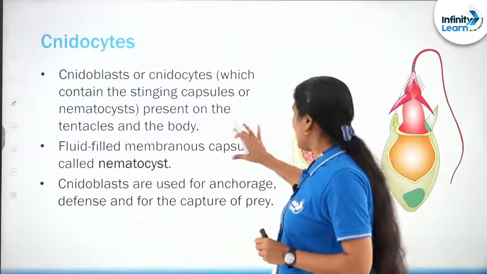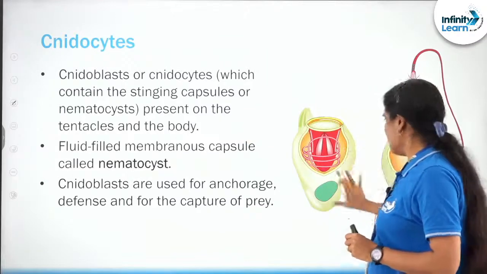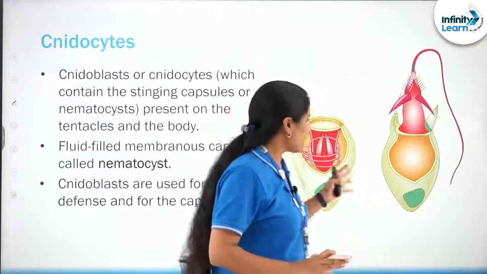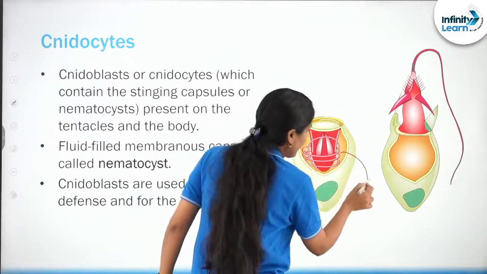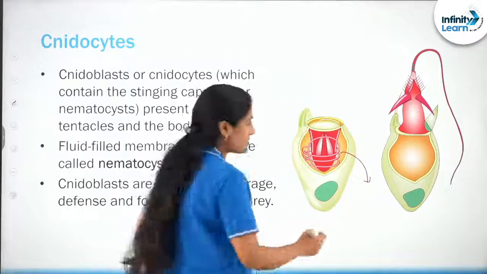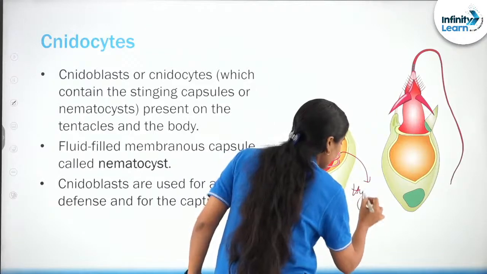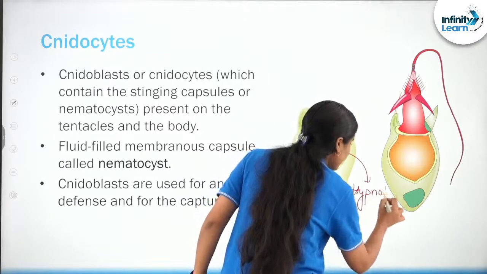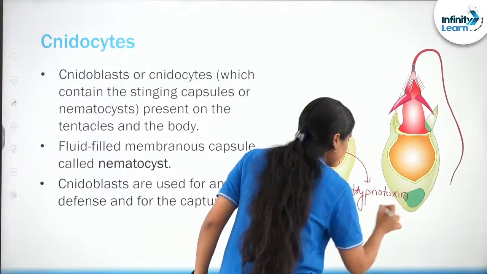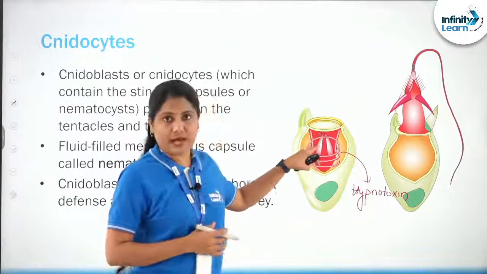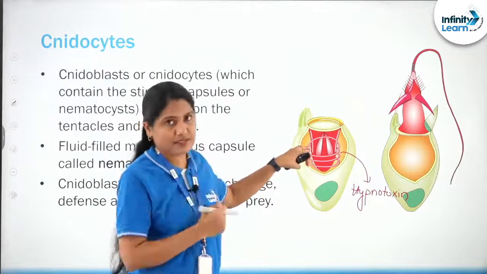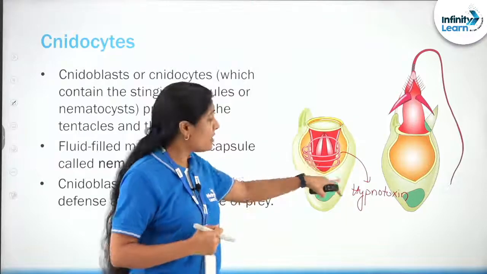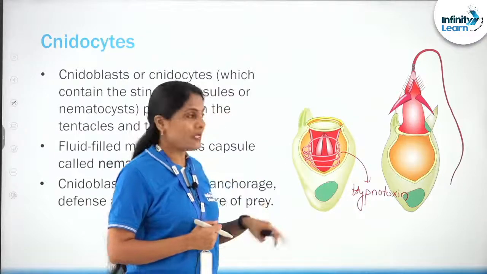So these cnidoblasts, again a beautifully drawn picture for you, as you can see in the diagram. These have a certain kind of poison substance within, which is what is referred to as the hypnotoxin. It has this nematocyst within the cnidoblast or cnidocyte. There's a sac-like structure which is called the nematocyst, which is filled with this hypnotoxin.